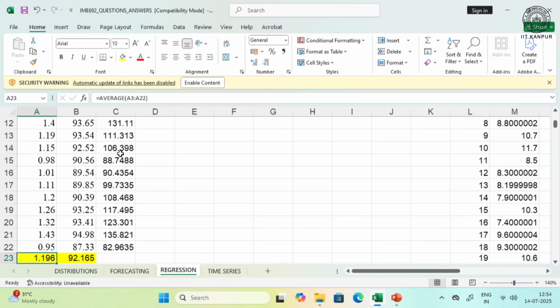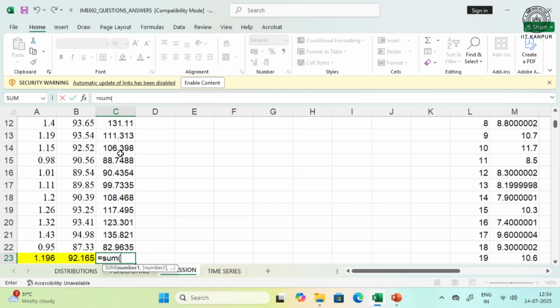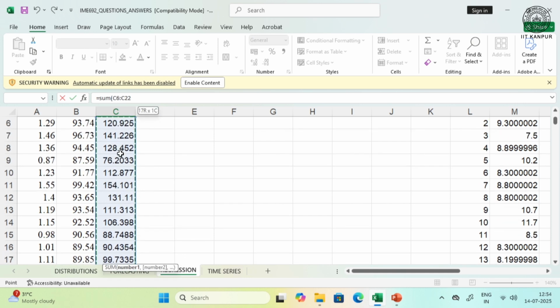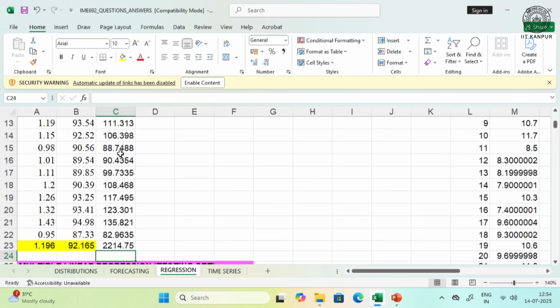Remember the yellow one was the average, and this is the sum for the C column, so I will not be utilizing the yellow color. This would be marked as light green because there is a sum.